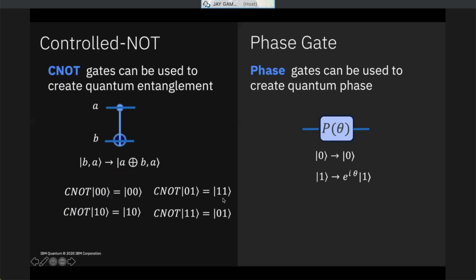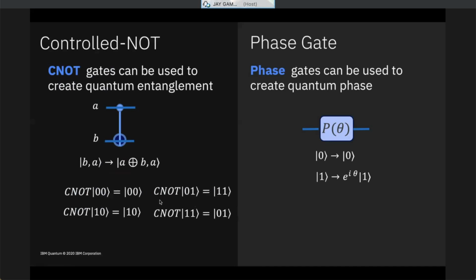However, if the first qubit is in a 1 state, when I apply this operation, I'll flip the target bit from either 0 or 1. And the same is true if it's in the 1, 0, or if it's in the 1, 1 state, I'll flip it to 1, 0. So this gate gives us the ability to actually make entanglement, which I'll give you a demonstration of soon.